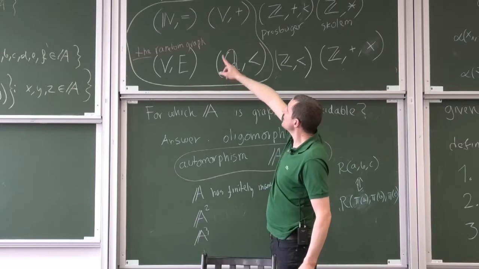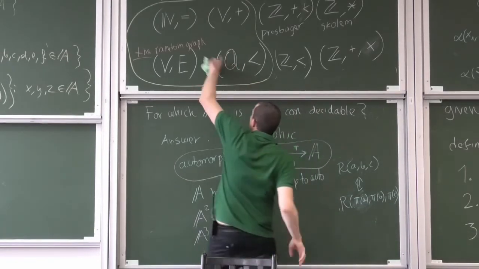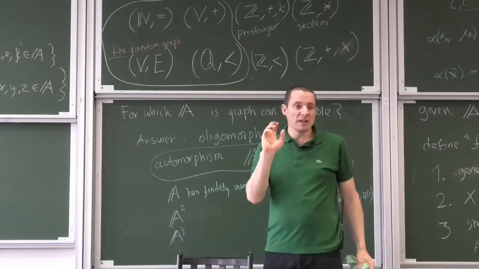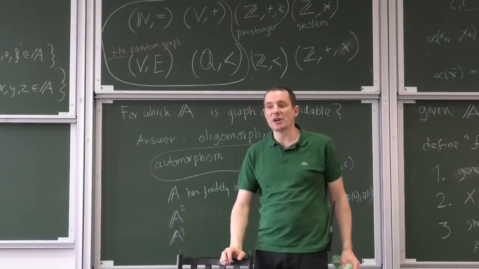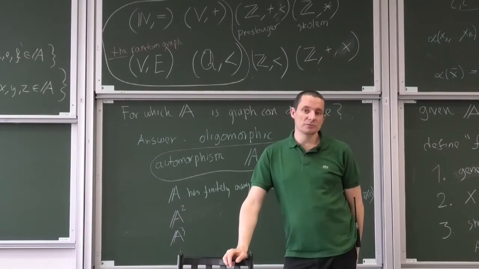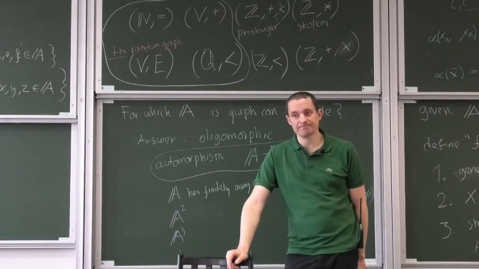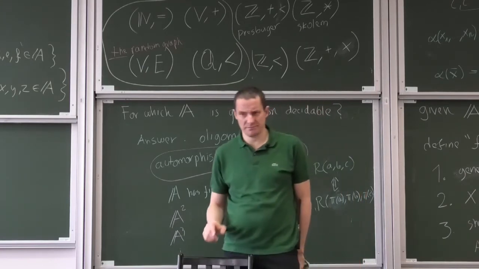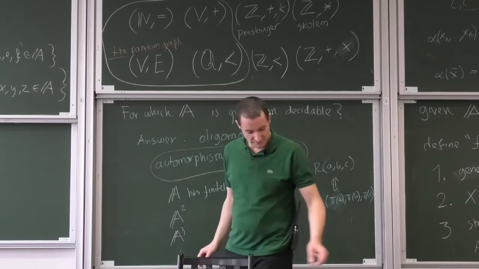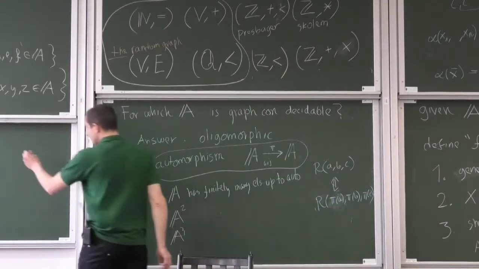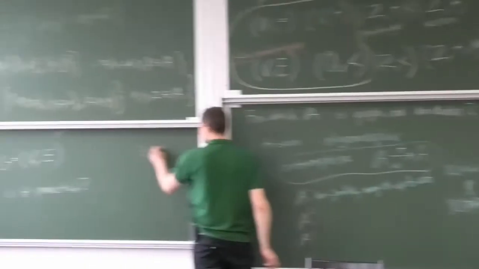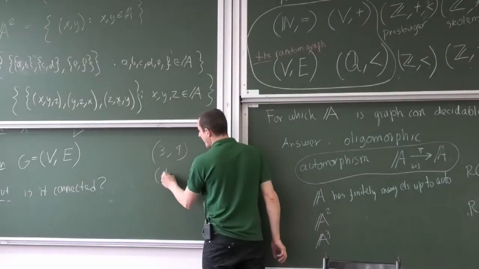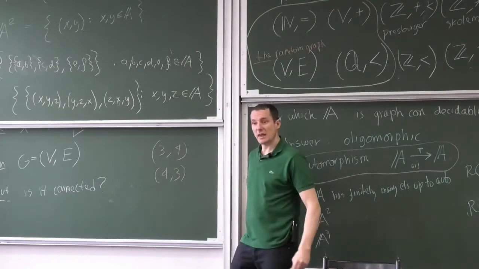Let's just see, is it clear that these two structures are oligomorphic? How many, say, triples of rational numbers are there up to automorphisms? How many pairs? Okay. Well, there's this pair, there's this pair, and there's this pair.